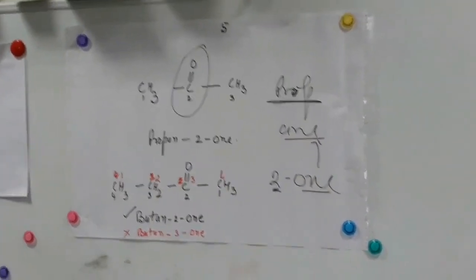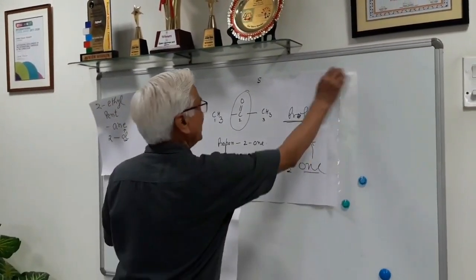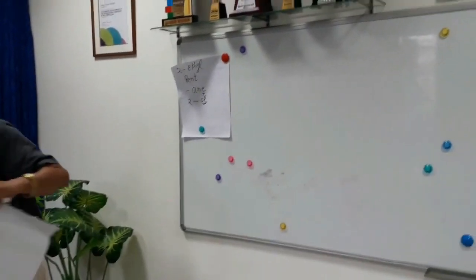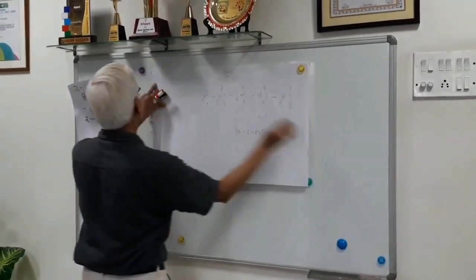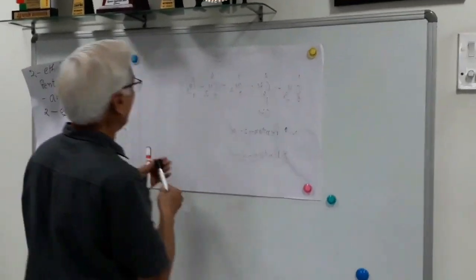So these are, as I told you, I had missed out the dissimilar groups. I will write one example of dissimilar groups, and how to name them if they are present. I will just draw any structure.